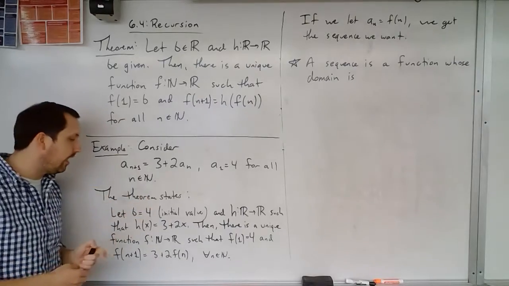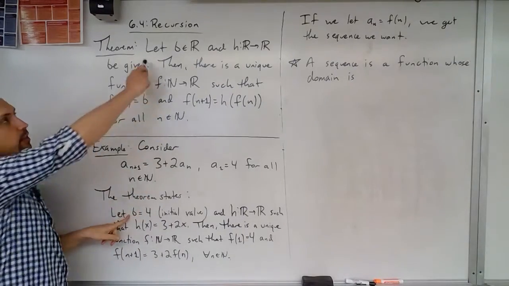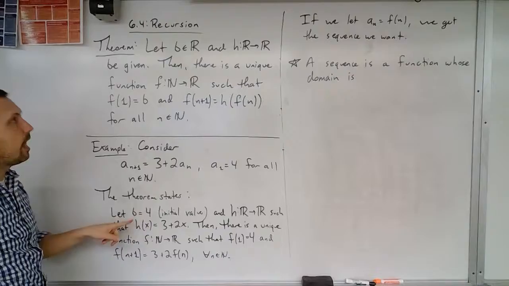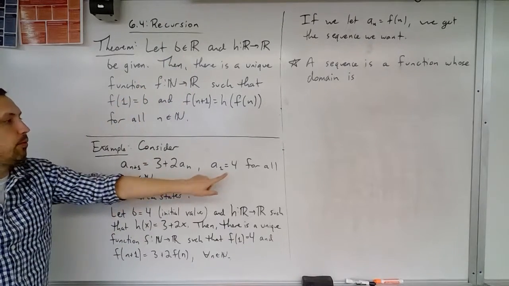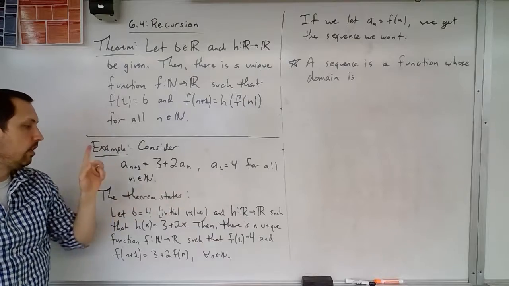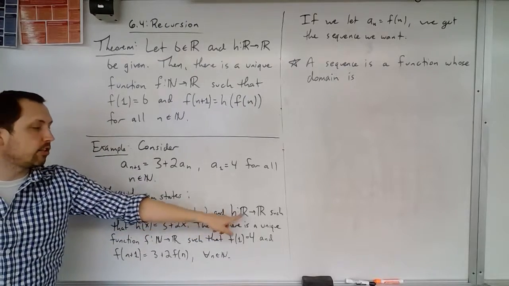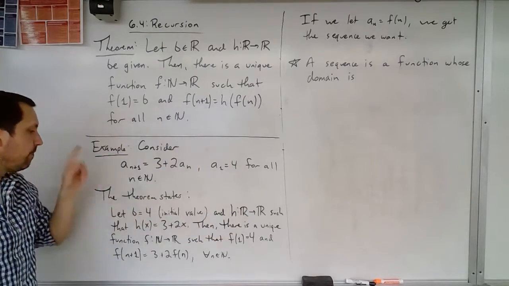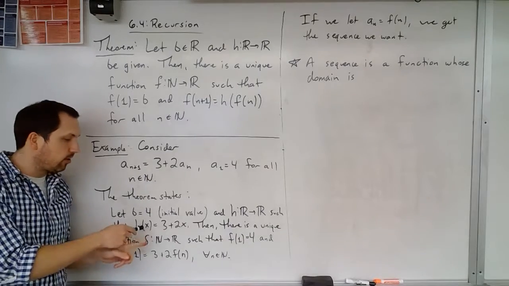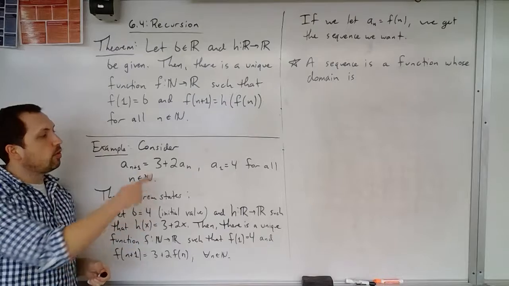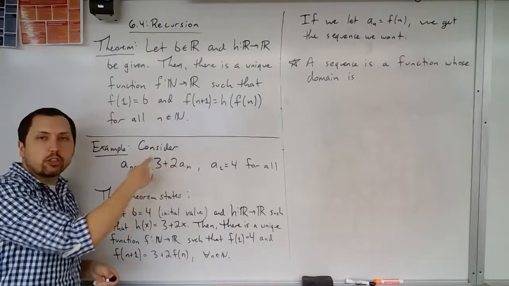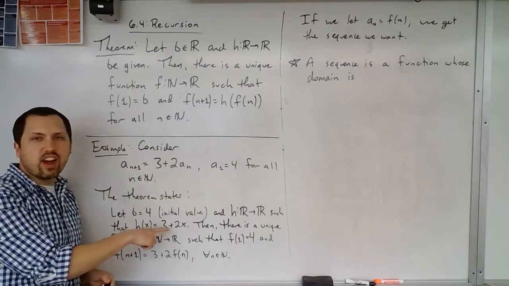What this theorem is stating is that if we transcribe this, we're saying let b be equal to 4. So this b value is really this initial number. And h is still a function that maps the reals to the reals, but the name that this function is given is 3 plus 2 times x. So this recursive part is what we're defining the function.